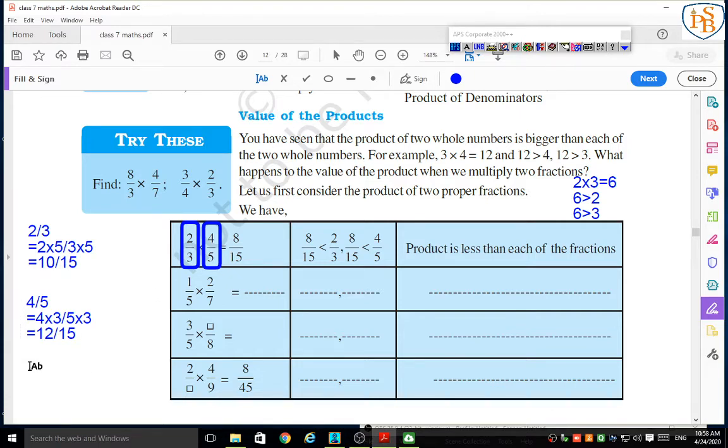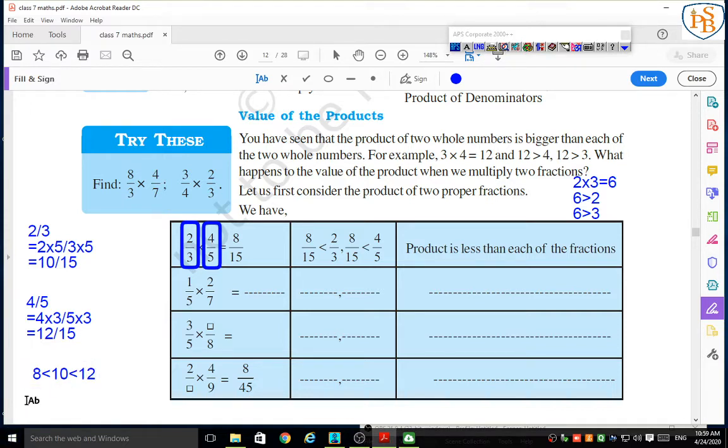But look here carefully. Now this 8 upon 15 has denominator 15, this 10 upon 15 has denominator 15, and this 12 upon 15 has denominator 15. That means all denominators are the same, so we can easily compare the numbers. Look carefully. This 8 is smaller than 10 and this 10 is smaller than 12.